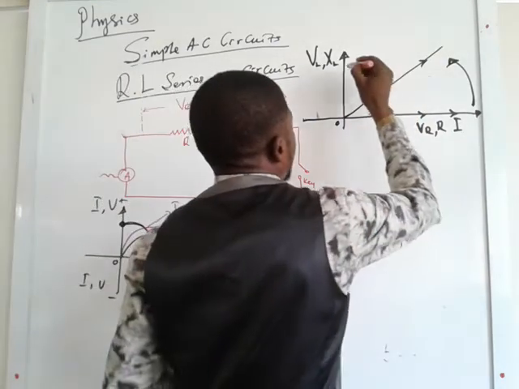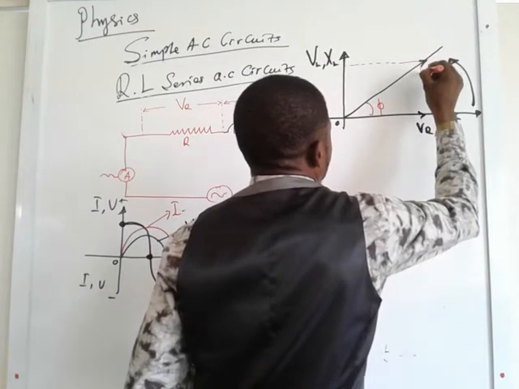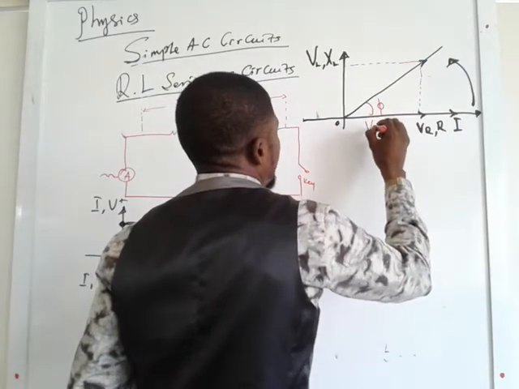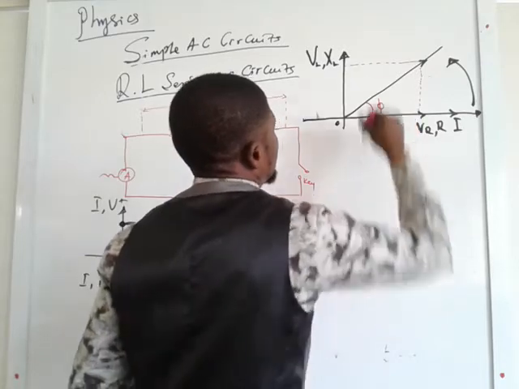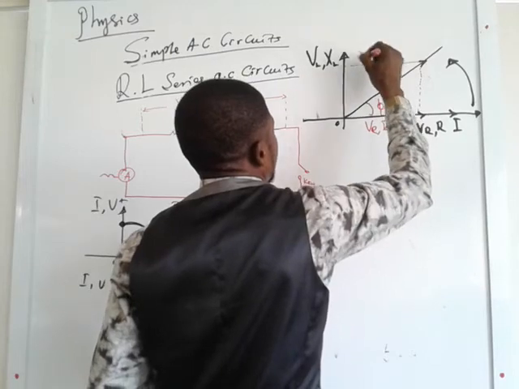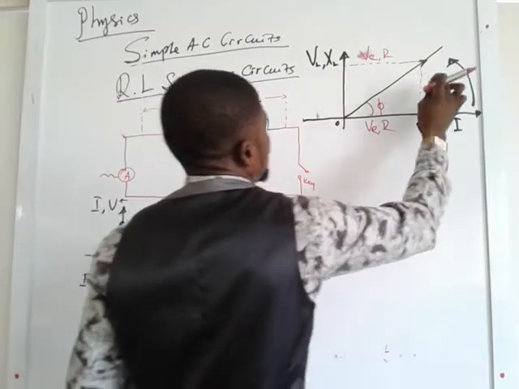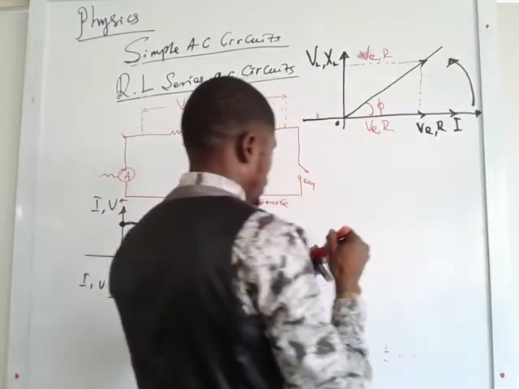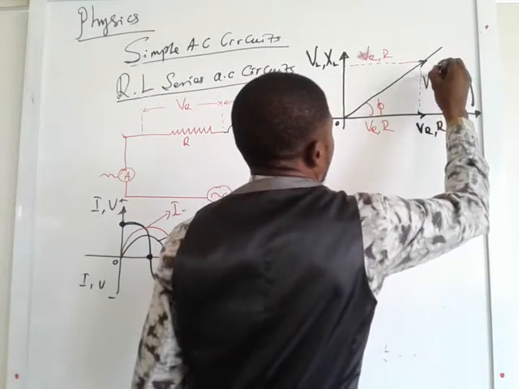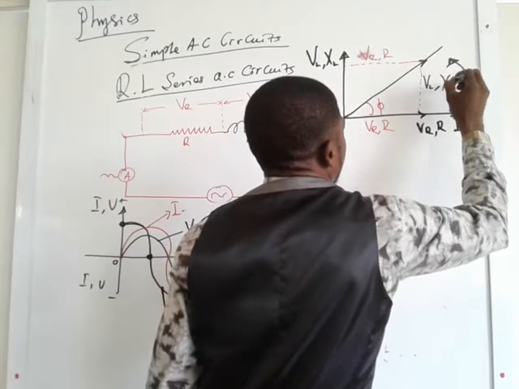And so from your Pythagoras theorem, here is your VR, IR. Up here is also your VR, IR. Then this way is also your VL, IXL.